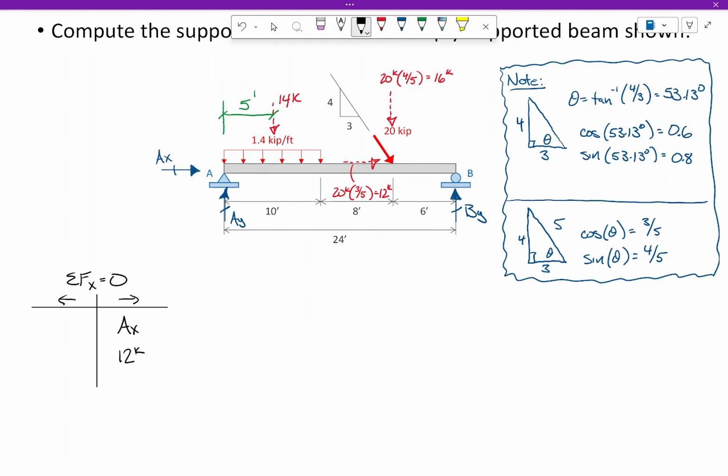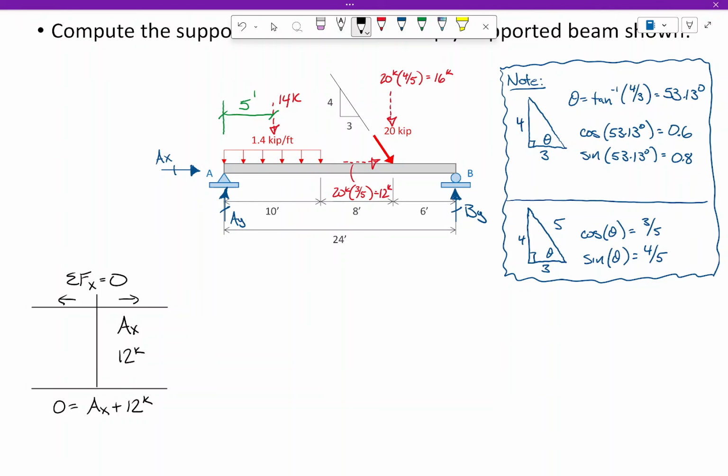So what's happening is I've got a bunch of stuff over here. What do I have over here? Nothing, right? So this is 0. Is AX plus 12. So if 0 equals X plus 12, what's X?